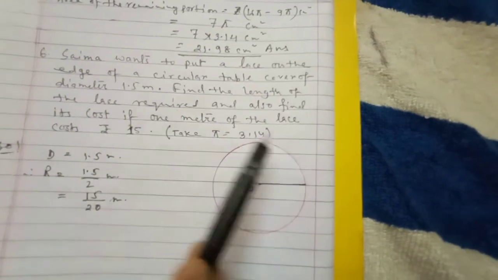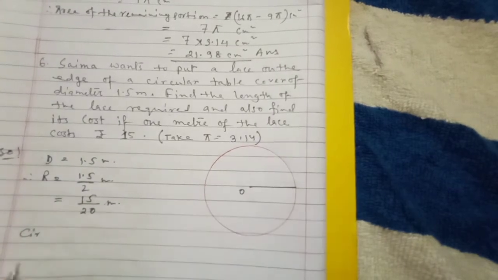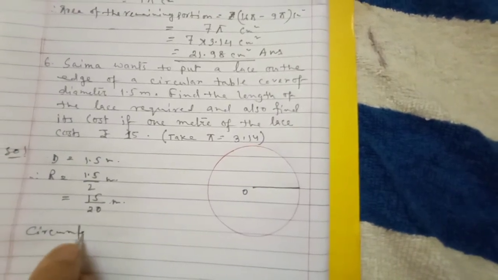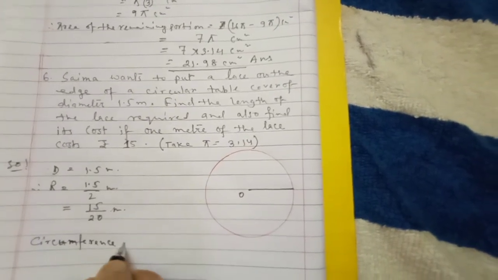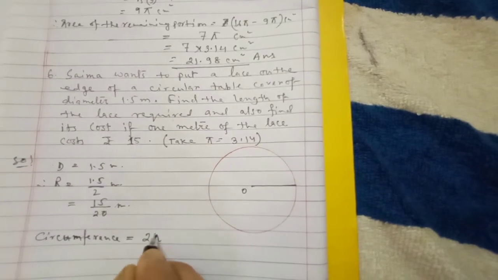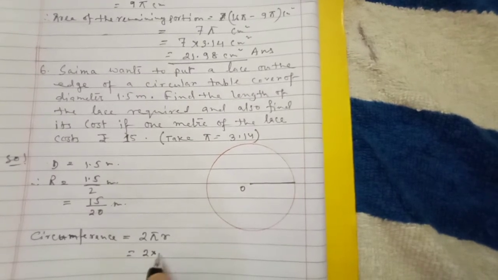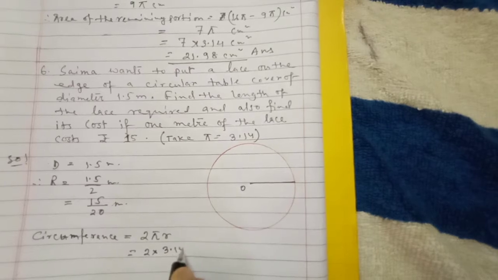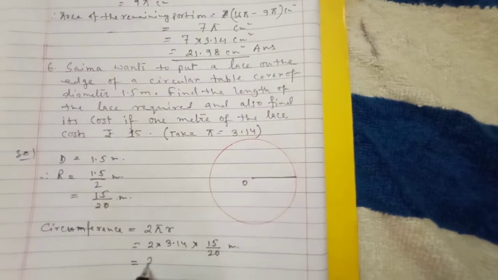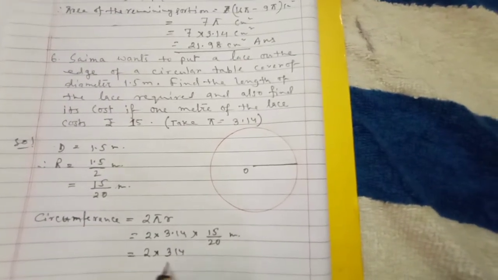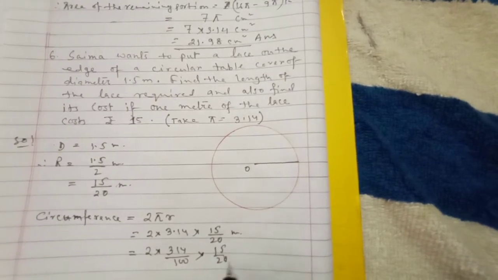Now you have to find the circumference of the circle, because she is putting the lace on the boundary. Circumference of the circle is 2 pi r, that is 2 into 3.14 into 15 by 20 meter. To remove this decimal also, 314 by 100, because after the decimal 2 places are there. 15 by 20 meter.